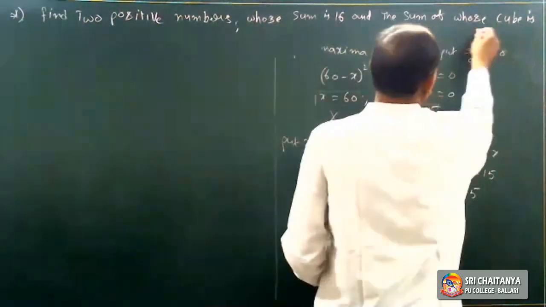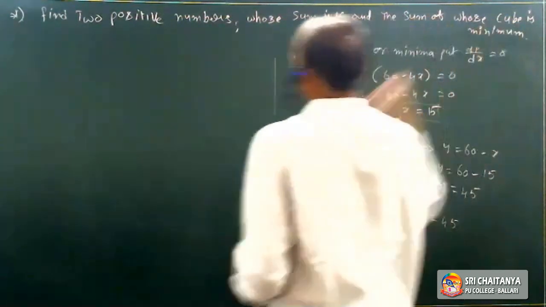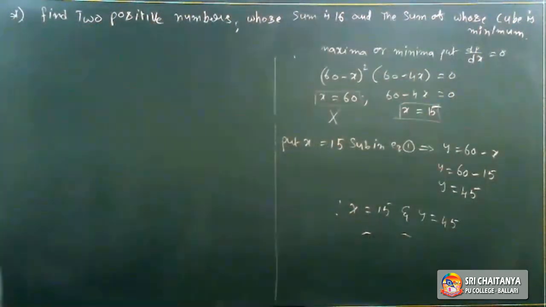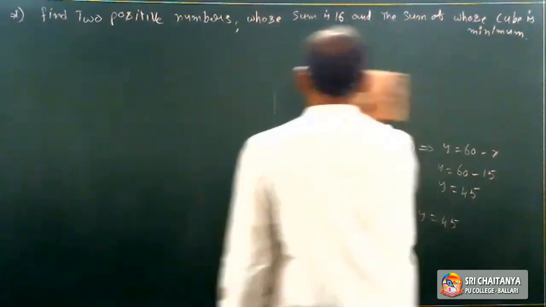Sum of its cube is minimum. Find two positive numbers. Sum is 16 and the sum of its cube is minimum.